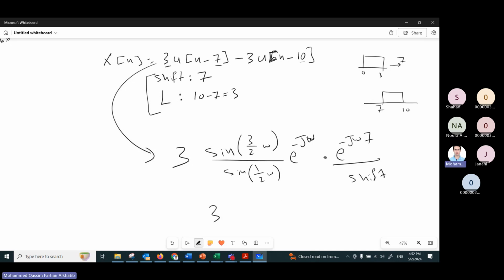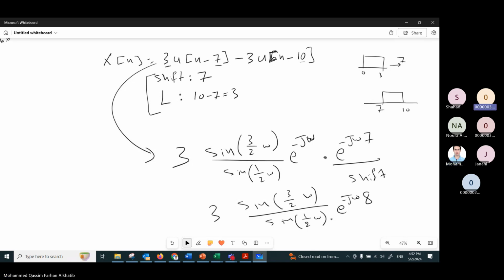And that's it: 3 sine 3 over 2 omega over sine 1 over 2 omega. Get it? More or less? Most important here is to determine the values of the shift and the length of the rectangle. Once you get those, it's just direct substitution into the formula with the length, and then you apply the shift.